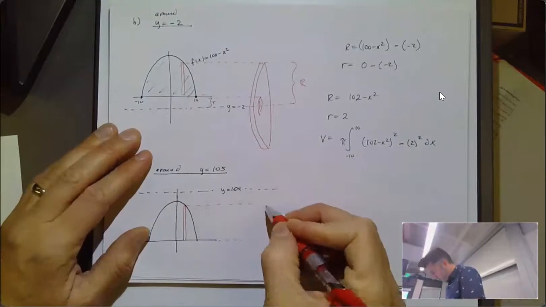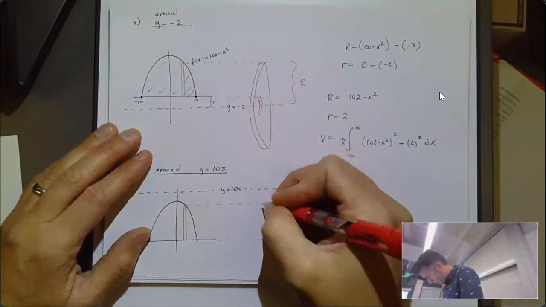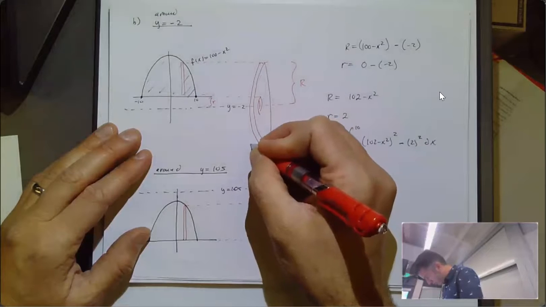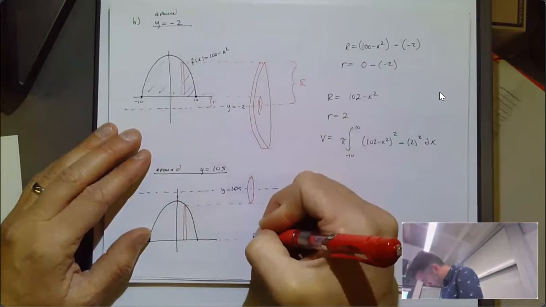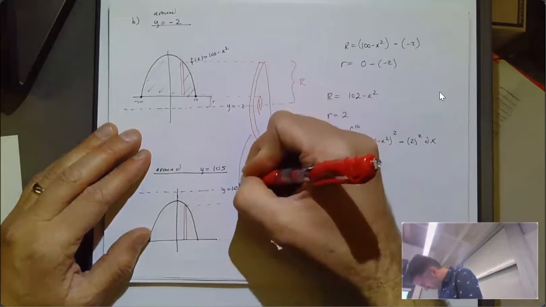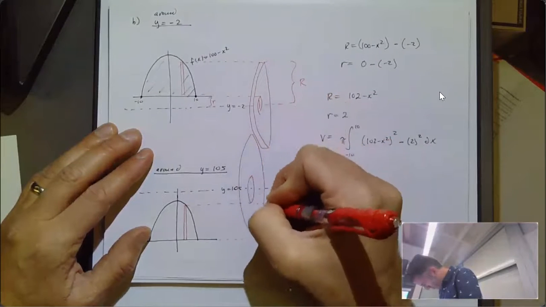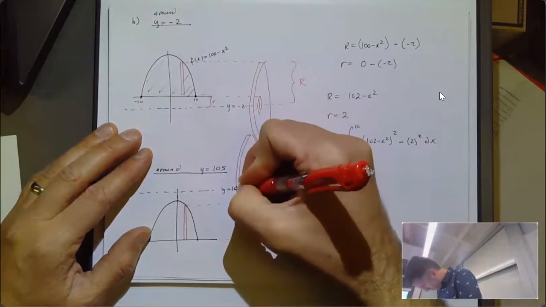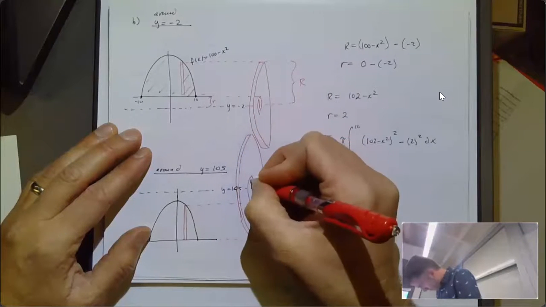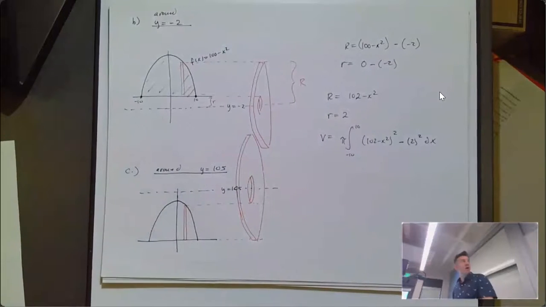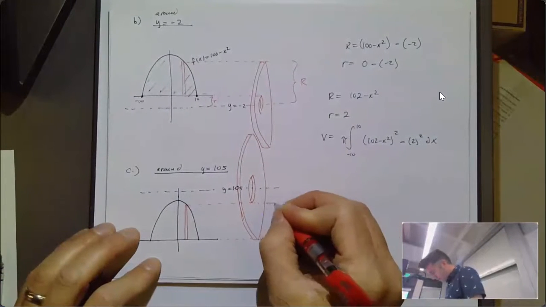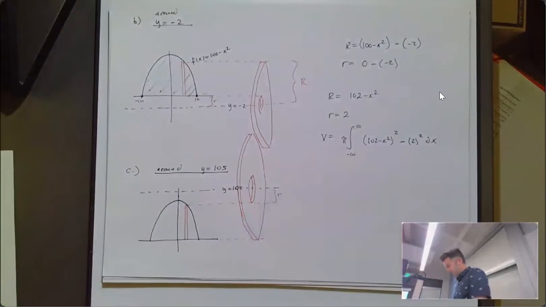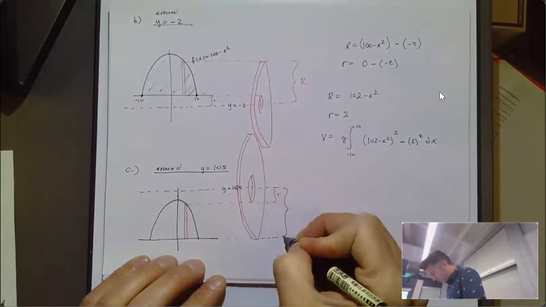We're going to get, this is where my drawing skills start to become challenged. So there's our washer now. And here is our inner radius, and here is our outer radius.